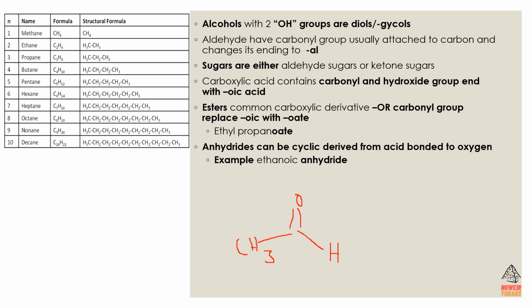Okay, for our group, let's say we have this, it needs to end with -al. All right, that's the rule. It needs to end with -al if it's an aldehyde. So sugars are either aldehyde sugars or ketone sugars. So you can have glucose, fructose, stuff like that. They're aldehyde or ketone.